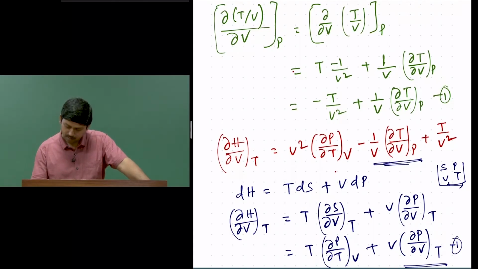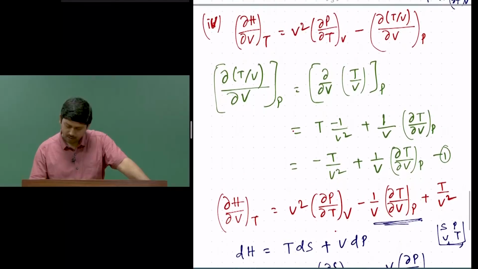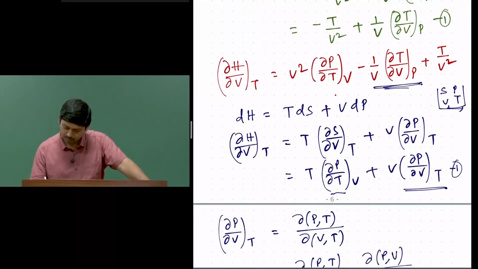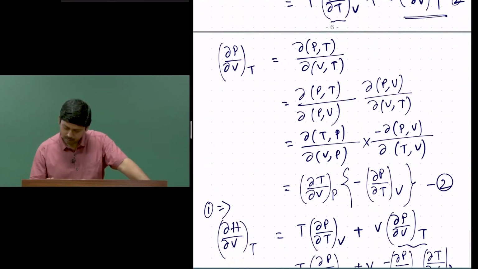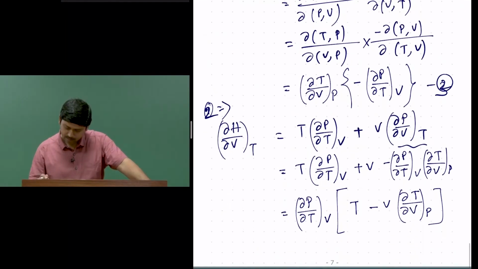That was equation 1 already. So, I can just make it as equation number 2, this one, and as 3. So, this from 2 we get, and from 3 we get this particular thing.